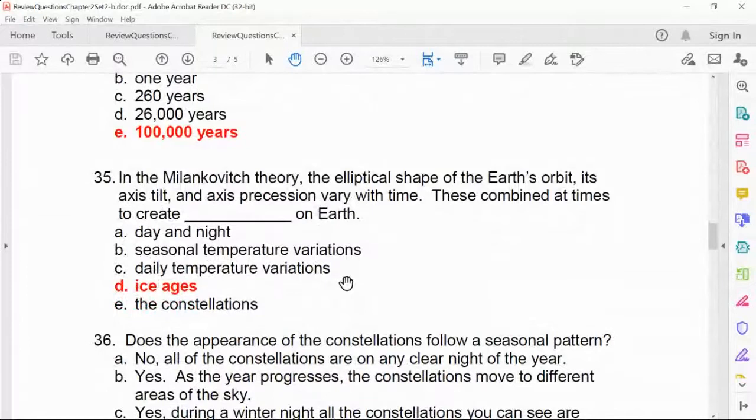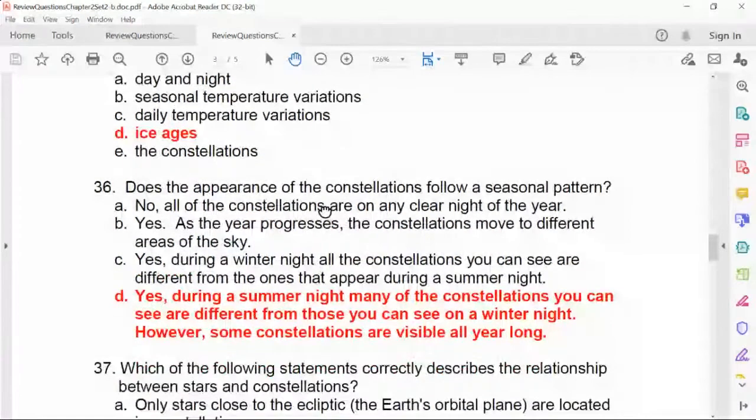In the Milankovitch theory, the elliptical shape of the Earth's orbit, its axis tilt and the axis precession vary in time. These combine at times to create what? To create ice ages.